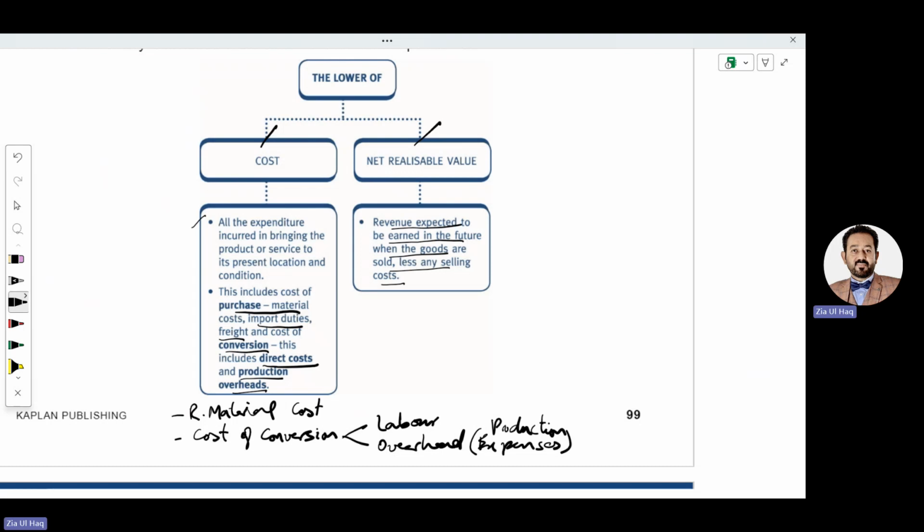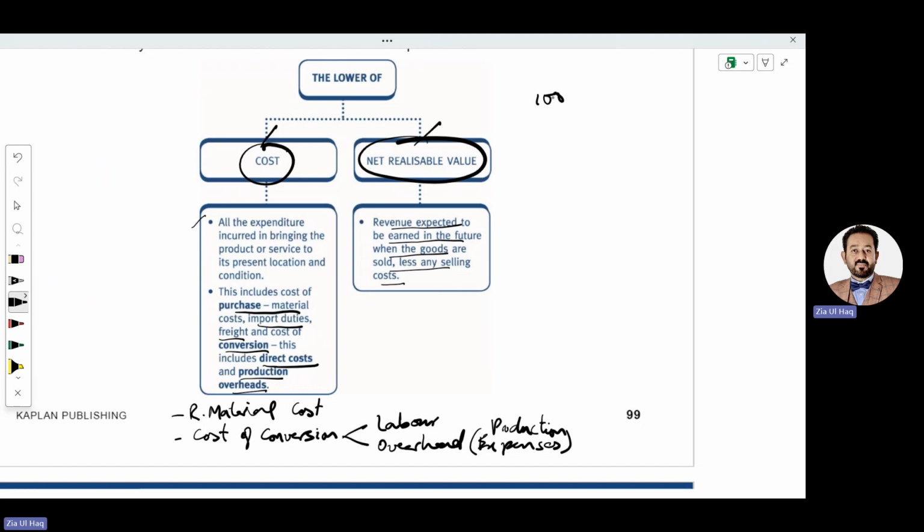So you need to deduct that commission from the selling price to arrive at NRV. Whichever is the lower amount, either cost or NRV, you have to value your inventory at that lower amount. And for normal goods, cost is always lower than NRV because NRV includes selling price, and selling price includes the profit part as well.